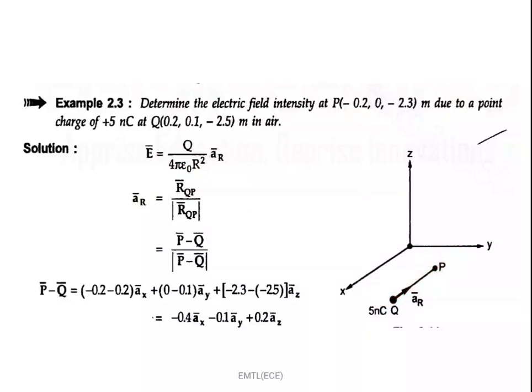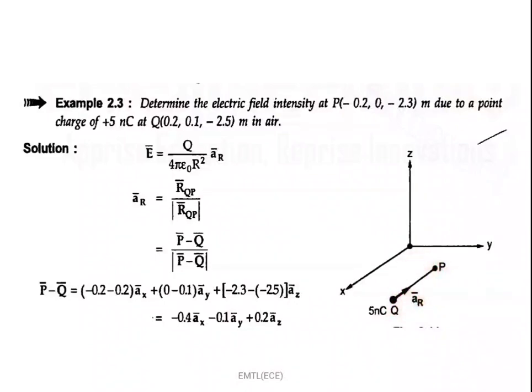So these are the 2 points. This is the position of P, and in the problem the coordinates of P are minus 0.2, 0, minus 2.3, and now Q is at a distance R from point P. Here we have to find the electric field intensity at the point P due to this charge.